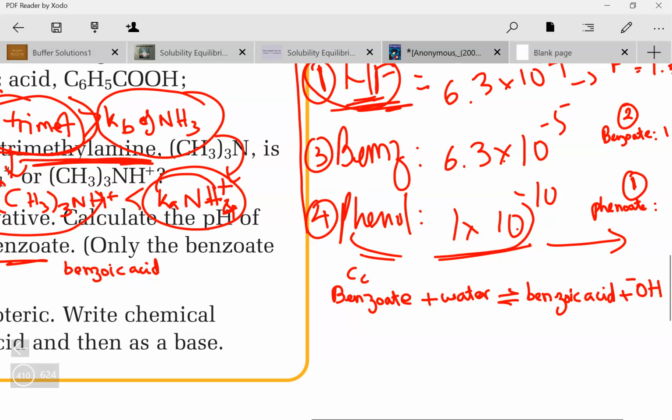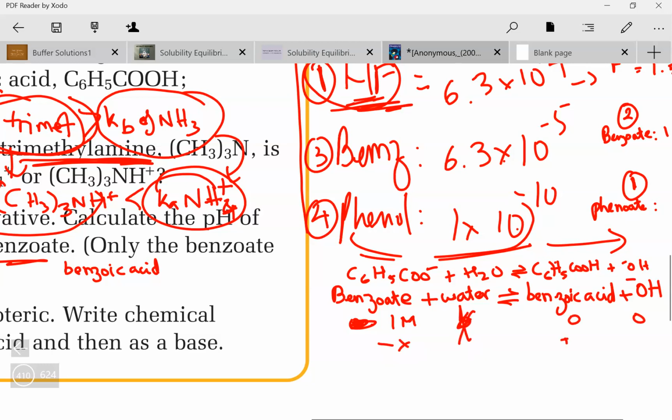Because benzoate is C6H5COO minus, plus water gives C6H5COOH plus OH minus. That's the reaction, and I have just 1 mole per liter of this. I can ignore my water. 0, minus x, plus x, plus x, 1 minus x.